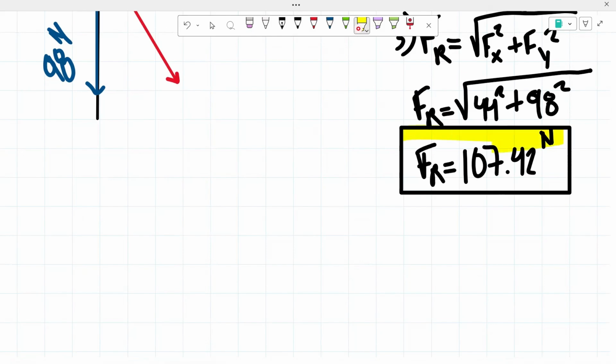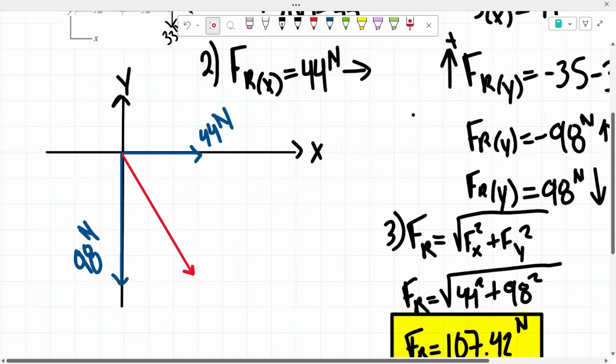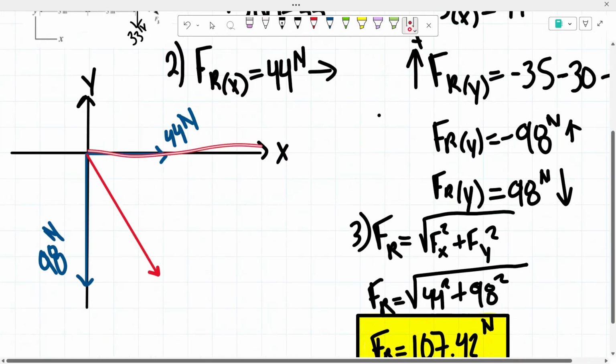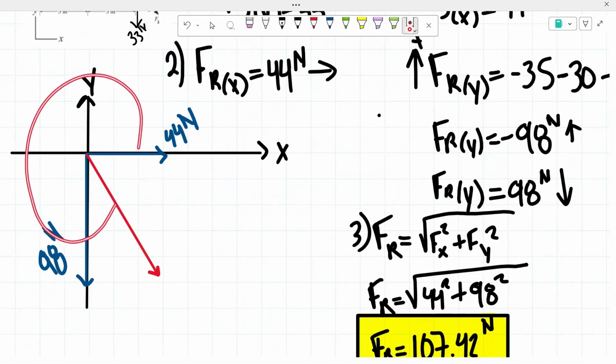But now we also have to determine the direction. You can find its direction either counterclockwise or clockwise, however you want. From the positive x-axis, which is right here, you can either go counterclockwise or clockwise. It would be easier to find it clockwise, but you could also find it counterclockwise.